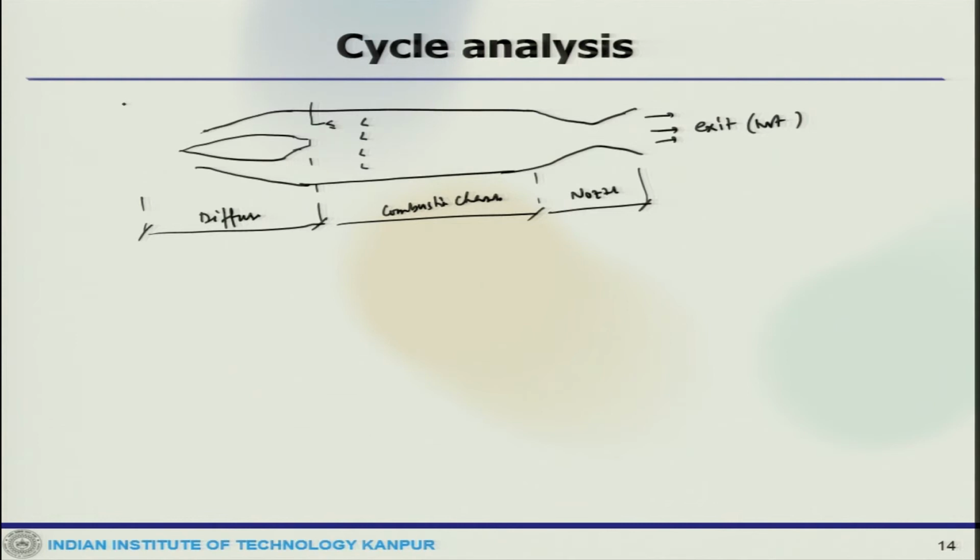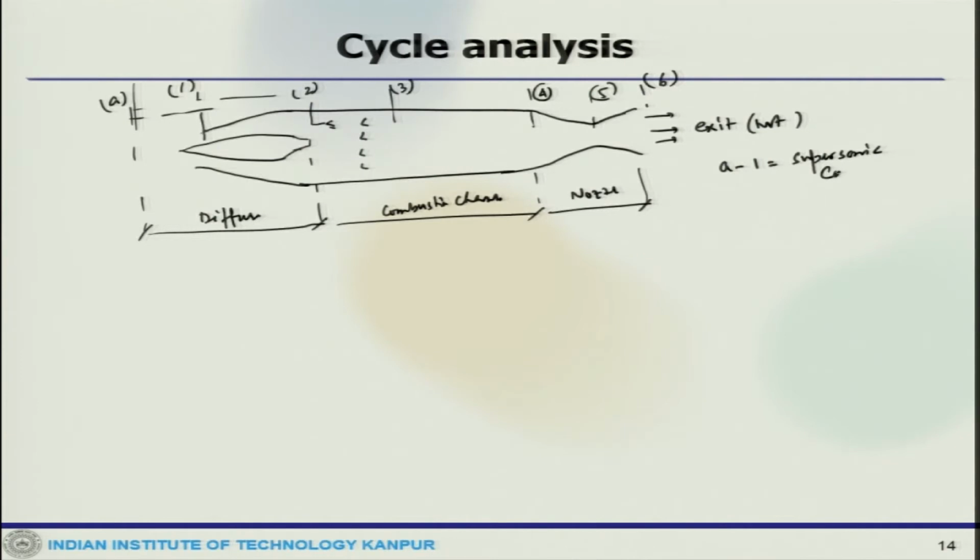Now, we have different zones, let us say A, 1, then 2, 3, 4, 5, 6.